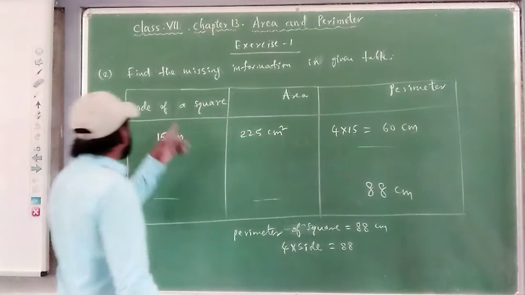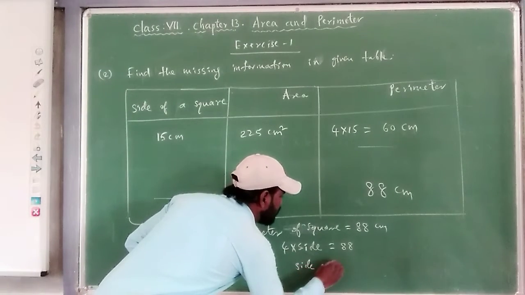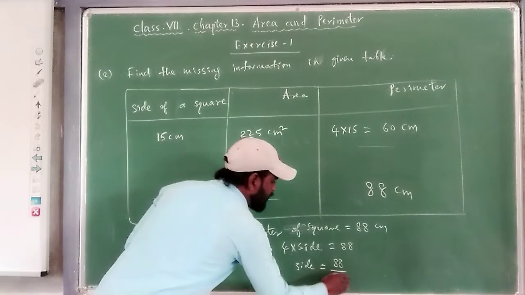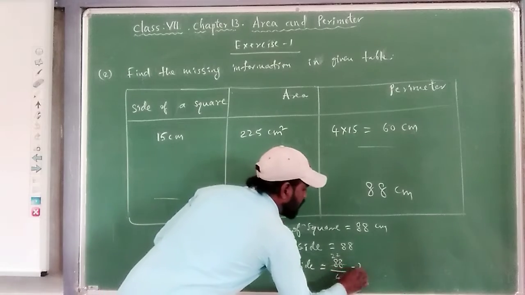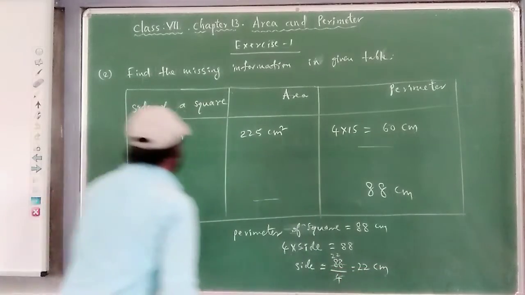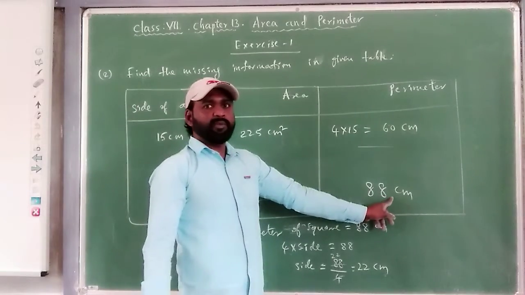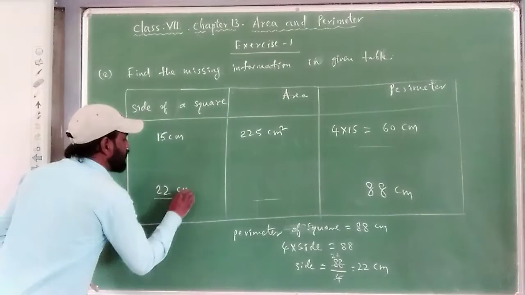We need to find first the side of the square. So side is equal to 88 over 4. This 4 multiplying, when it transfers to the other side, becomes the denominator. 4 1s are 4, 4 2s are 8. That is 22 centimeters. Side of the square whose perimeter is 88 centimeters will be 22 centimeters.